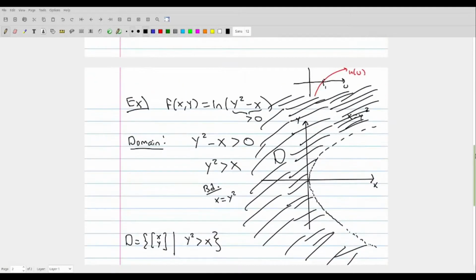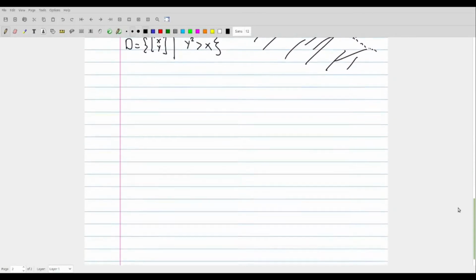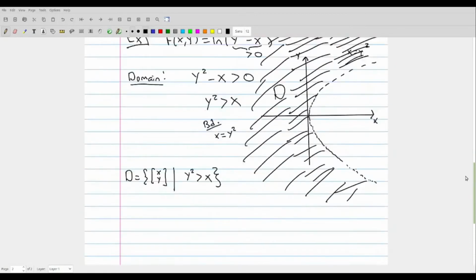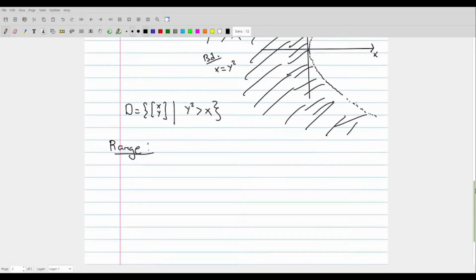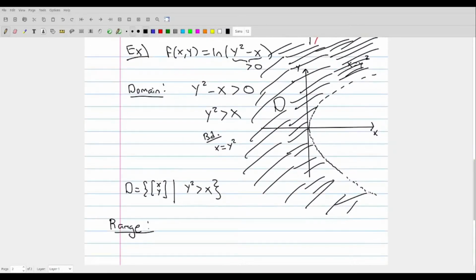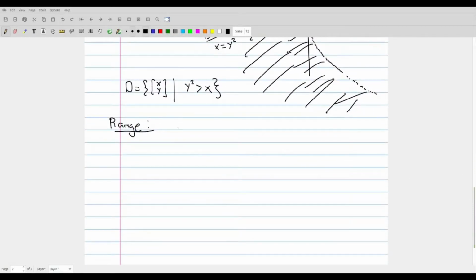And furthermore, we can go through and consider the range as well for this function. To get the range, we're looking here at ln of u. Remember, u is equal to y squared minus x, and then our function f is just ln of u.